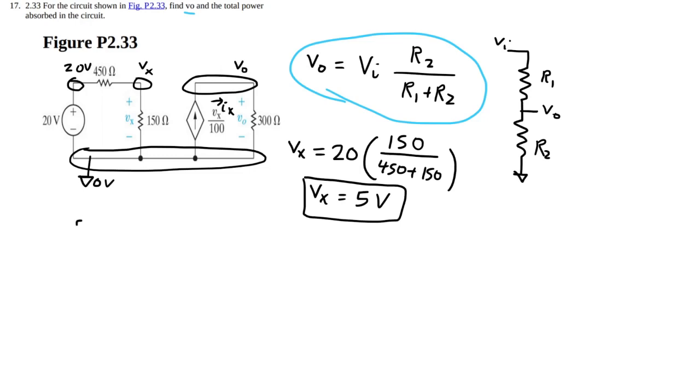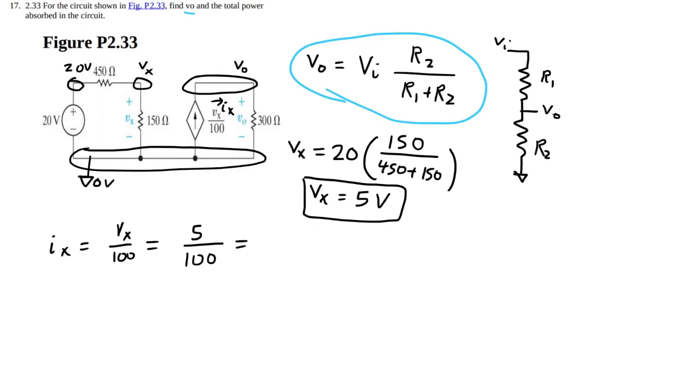So if Ix has that relationship, Vx divided by 100, that means we have 5 volts divided by 100. Well, let me get rid of the units. Let's just consider it like that. So I believe that's 20 milliamps. Or no, not 20 milliamps, 50 milliamps. 5 milliamps, not 50 milliamps. Okay. So 5 divided by 100.